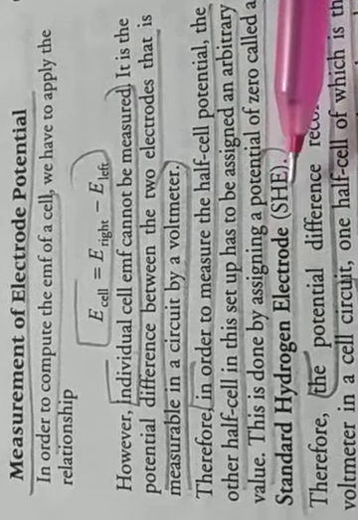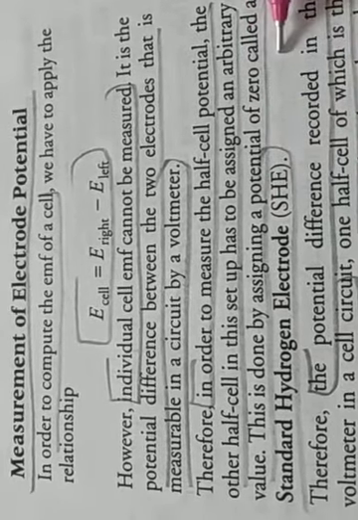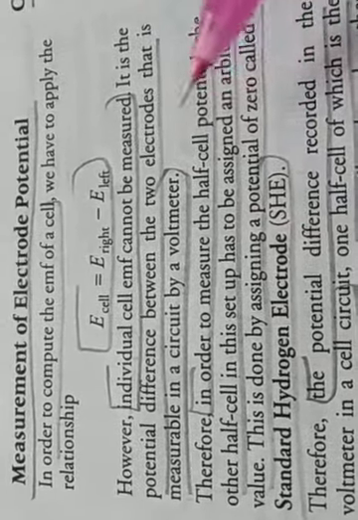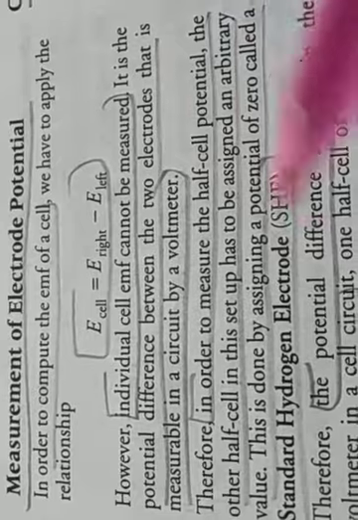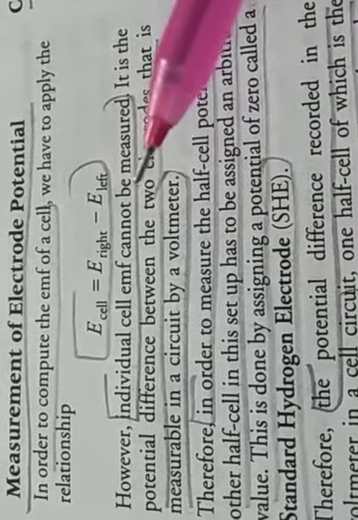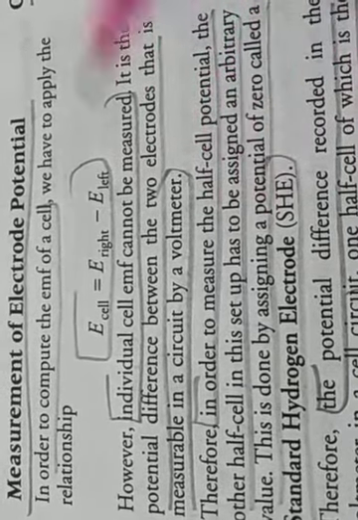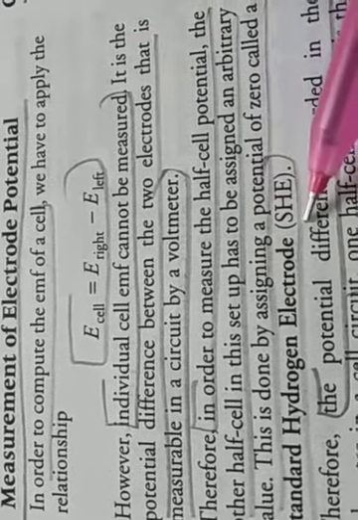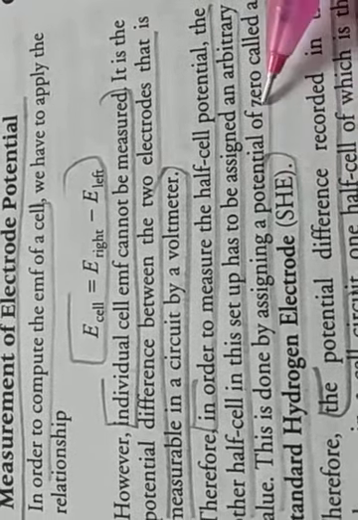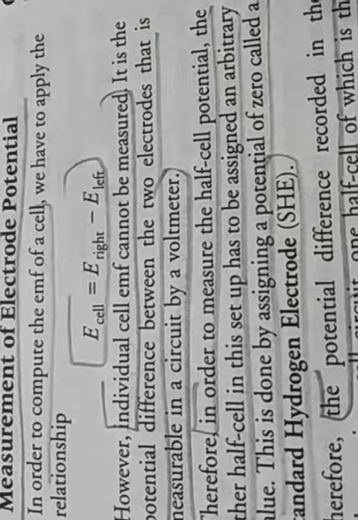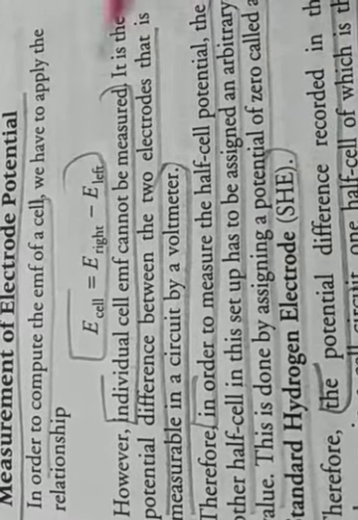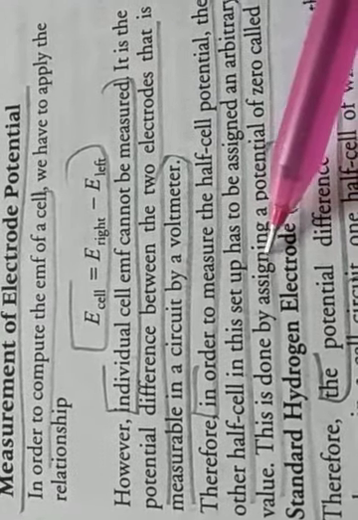This is done by assigning a potential of 0. So one side has potential 0, and the other electrode is the one we measure. So only one side we have to measure.